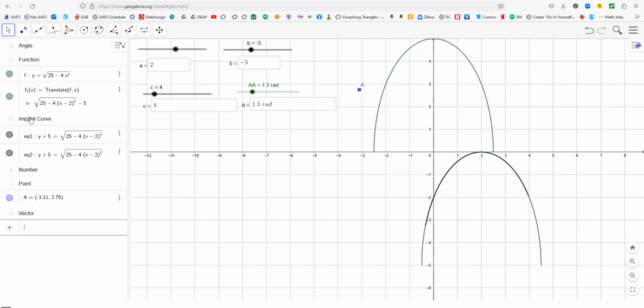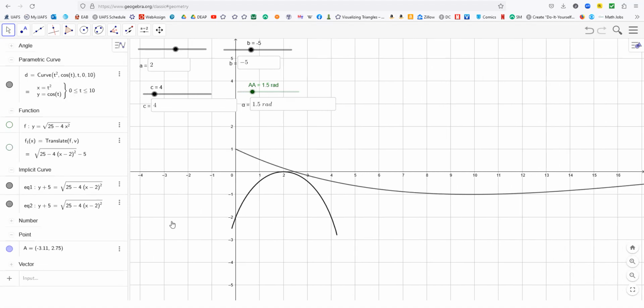Now you can do parametric graphing on GeoGebra as well, and the command there is Curve. So you do Curve, and you give it the x and y coordinates. Like if we say x is t squared, and then y is cosine of t, then our variable is t, that's our parameter, and we want t to run from say 0 to 10.